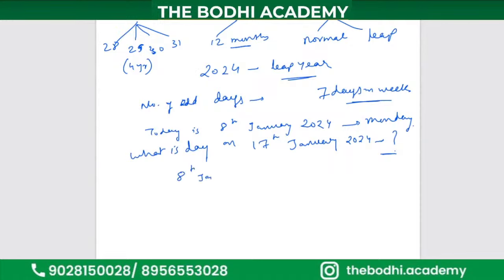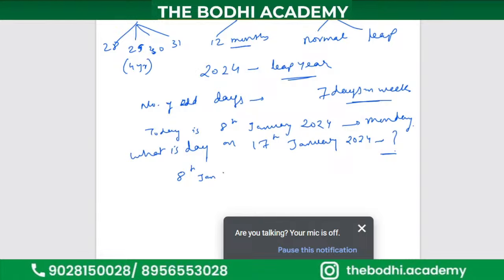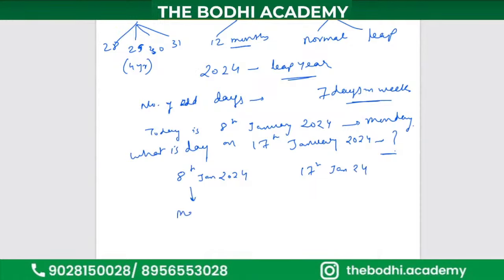Suppose 8th Jan 2024 is given and 17th Jan 2024 we need to find out. This was Monday. So now we have to count how many days there are in between. From 8 to 17 we have 9 days.